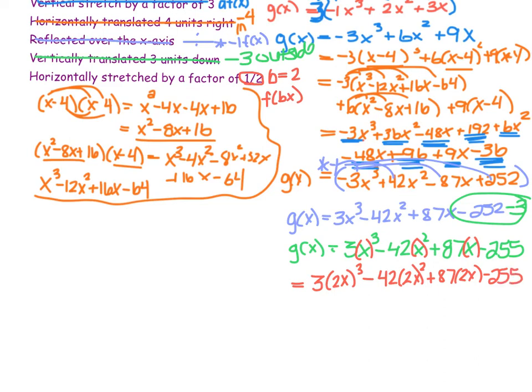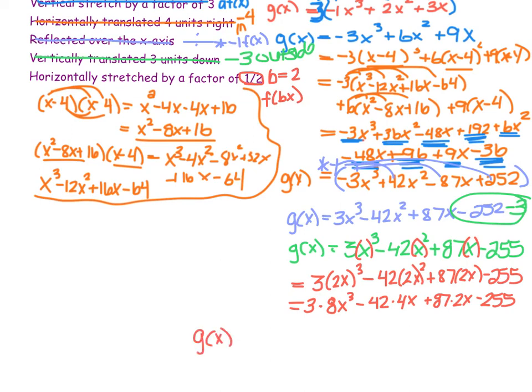So in this final step here, we'll essentially have to take that 2 cubed, which is going to be 8. So this becomes 3 times 8x cubed minus 42, and then we have 2 squared, which is 4x squared, plus we have 87 times 2x minus 255. So now all we have to do is multiply the two numbers in our coefficient.